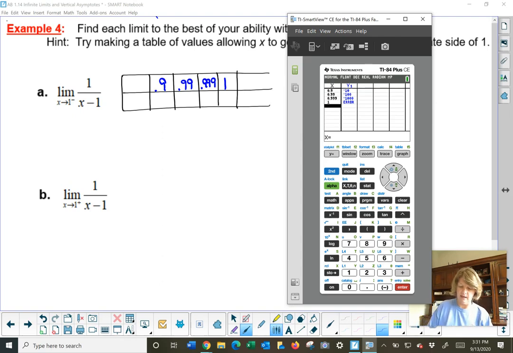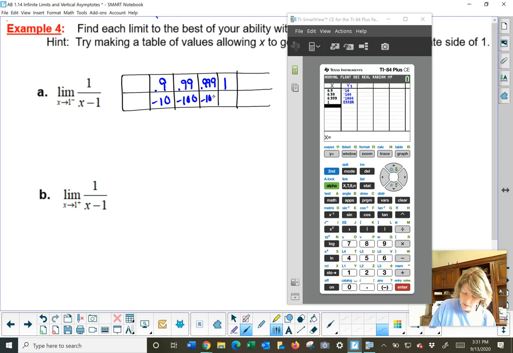The obvious error. So we get -10, -100, -1000. I guess we got easy numbers because we were dividing by like 0.1, 0.01, things like that. So obviously this is getting large very quickly, or negatively large very quickly.